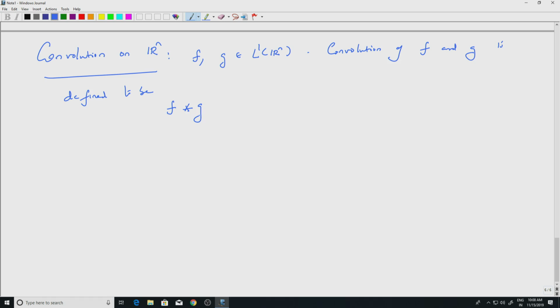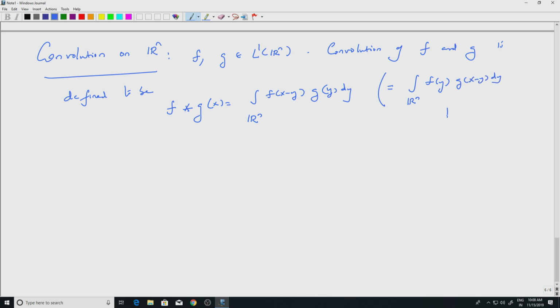So f star g at x is equal to the integral over Rn of f of x minus y g of y dy. Okay, we'll of course justify it.